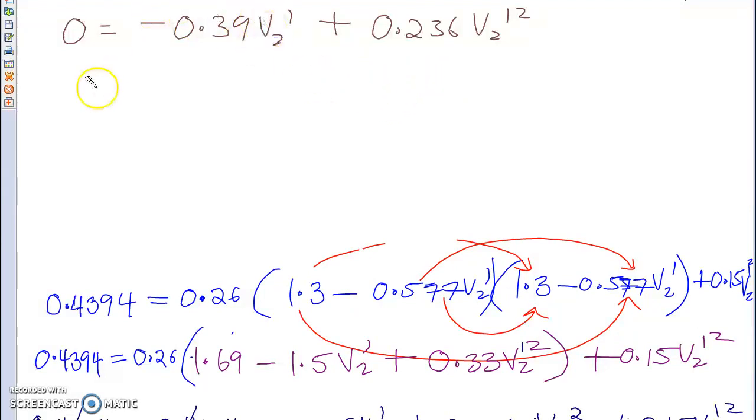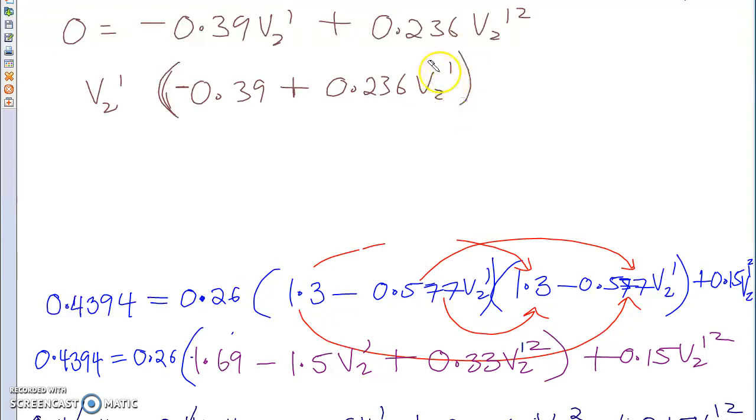I factor out the V2 prime, so I get V2 prime times negative 0.39 plus 0.236 V2 prime.